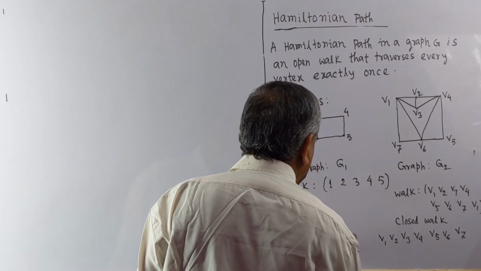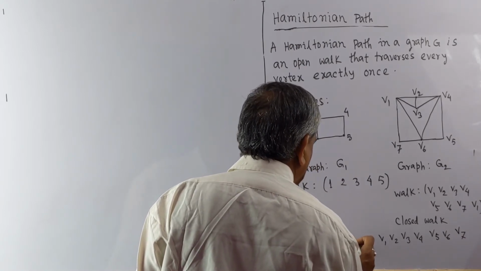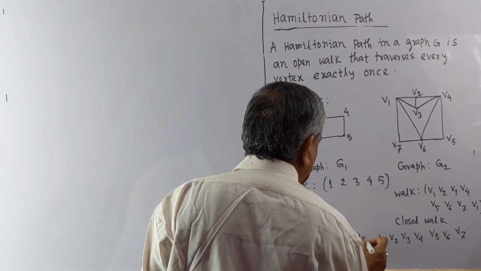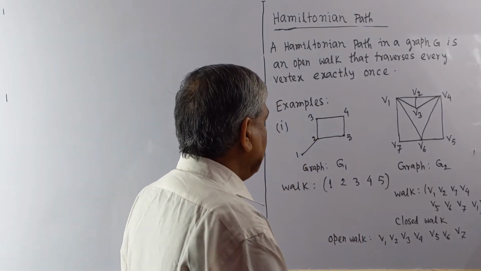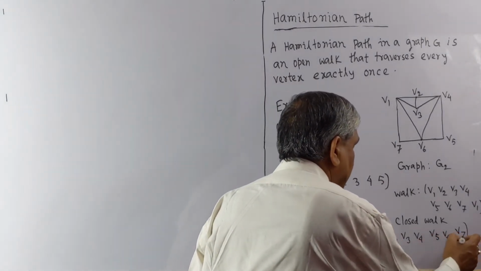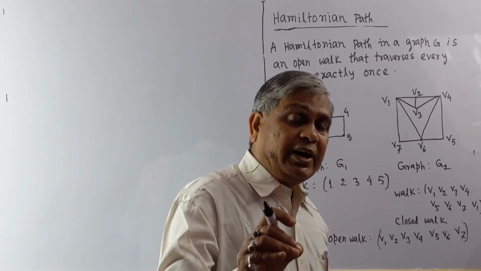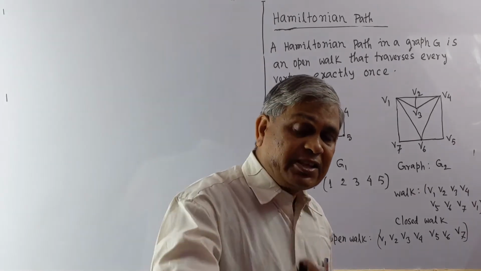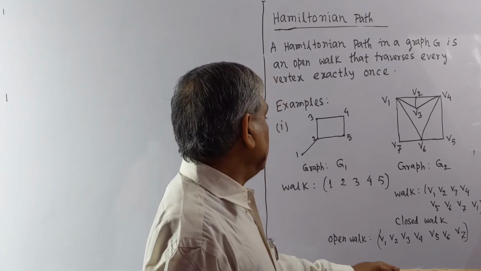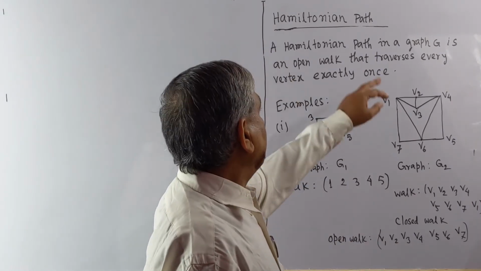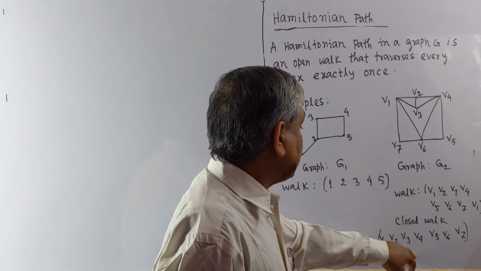This is an open walk, and this open walk includes each vertex exactly once. So this is a Hamiltonian path.